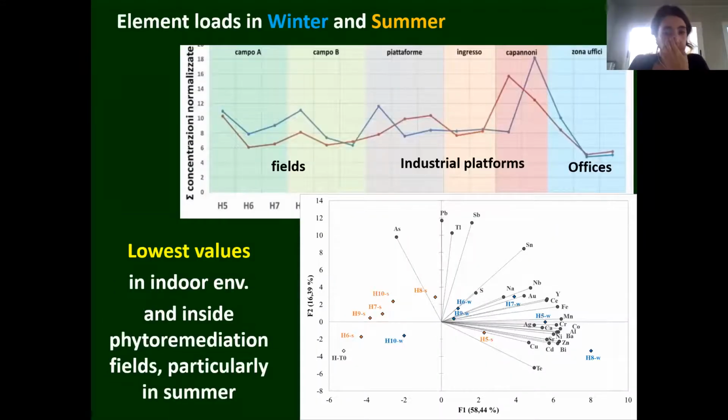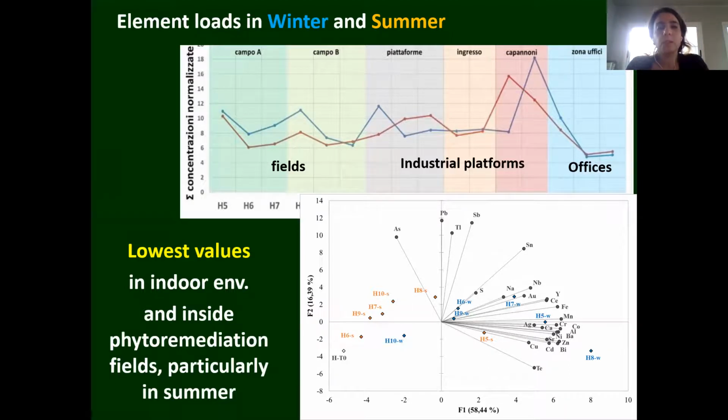This is an example of an evaluation we did. We analyzed the concentration of pollutants in each point. Of course, we saw that the highest values were in the places of treatment of wastes.